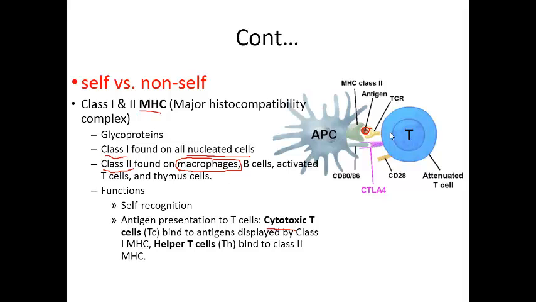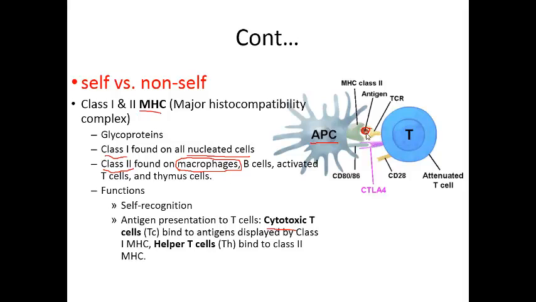If a macrophage engulfs an antigen, if it engulfs a bacteria, it will also hold out a piece of that bacteria. It'll also become an antigen presenting cell. These white blood cells, like the macrophages, have a class 2 MHC, and they use that class 2 MHC to hold out a piece of the antigen, and they will present that antigen to the helper T cell.